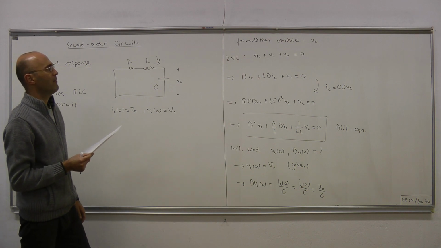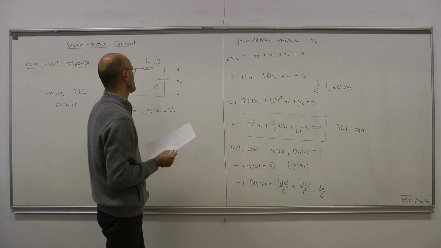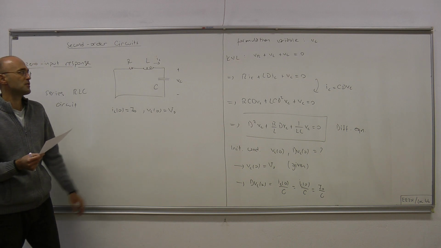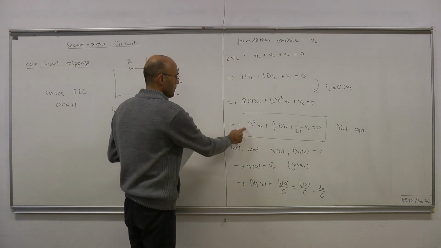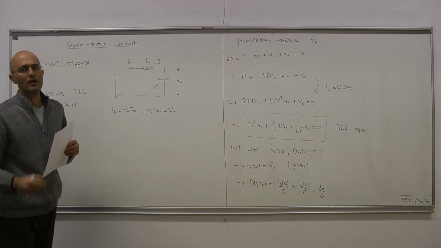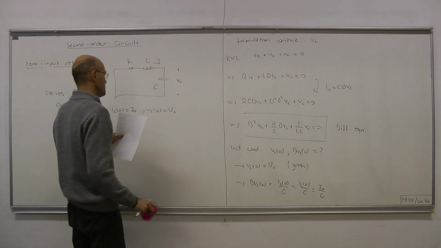Now, what would have happened had we chosen a different formulation, for instance the inductor current? What would the differential equation look like in that case? Let's try and see.